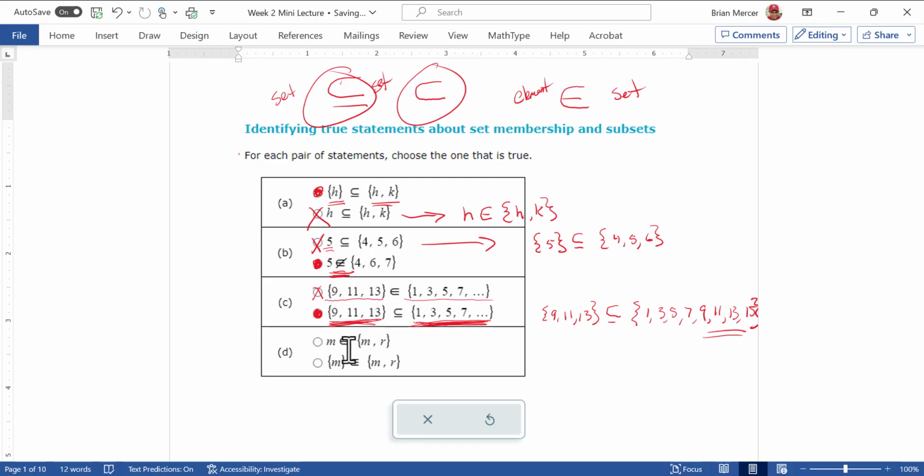For question D, we have the element notation both times. So we can't be talking about a set on the left. This is the only one that stands a chance of being correct. M is an element of the set containing M and R. That is a true statement.